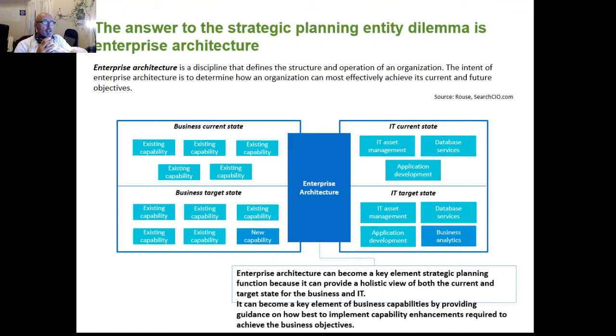So what does that really look like? The dilemma is that people have an understanding, maybe not always perfect, of what their business current state is and what their IT current state or their information technology current state is, and they want to be able to get to a future state, both in terms of a target business state and a target IT state.